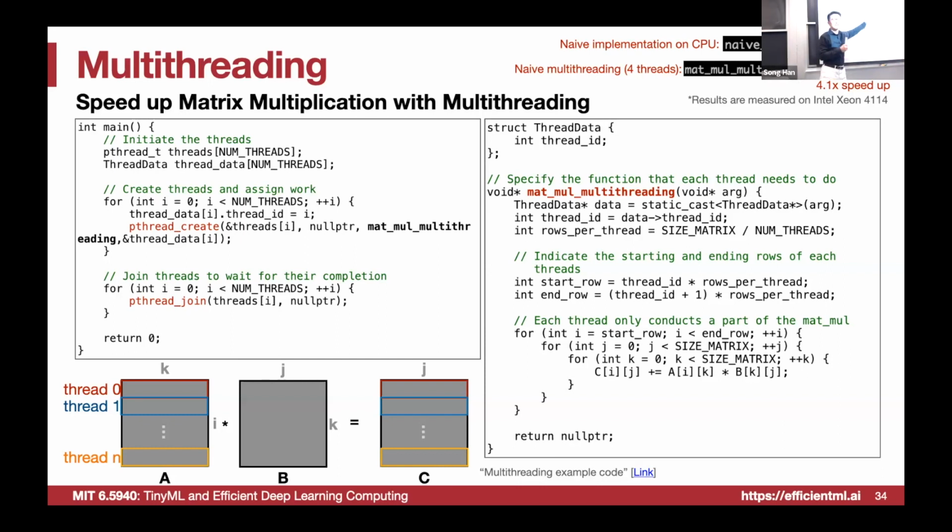This is the function name for the workload, like telling each thread, this is the work you should do. Then we want to make sure they all finish so that we can collect the final result. So we join the threads to wait for their completion. We go through all the threads and make sure they all finished their task. Then we can return 0, telling the function that everything has completed.